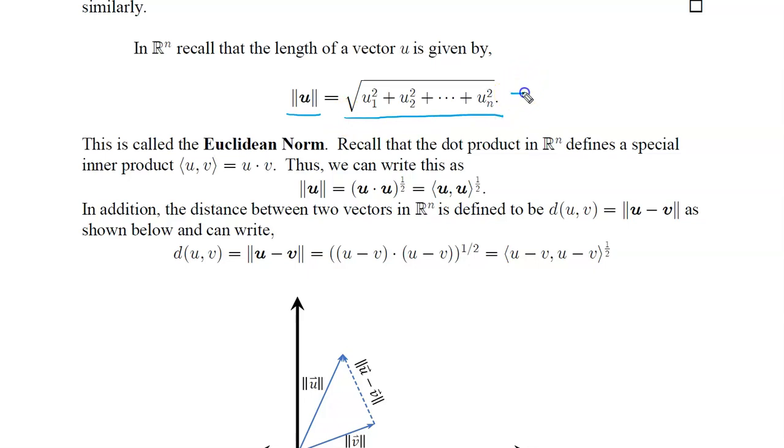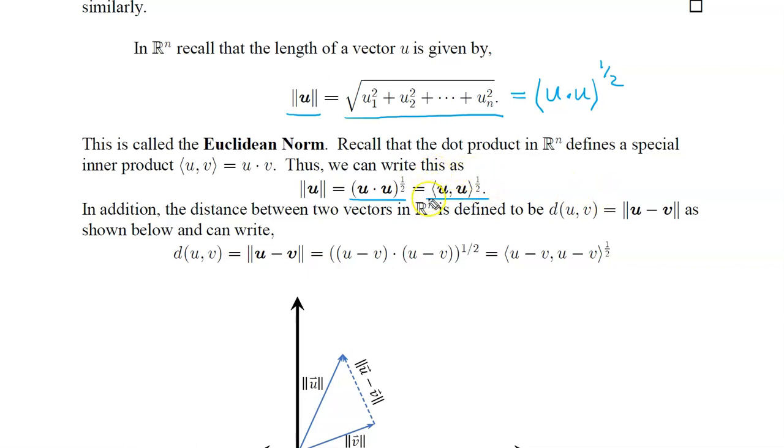Remember that this is u dot u to the 1/2 power, u dot u giving you back u1 squared plus u2 squared and so on. If we realize that the dot product is itself an inner product, we can then write the norm of u like this.